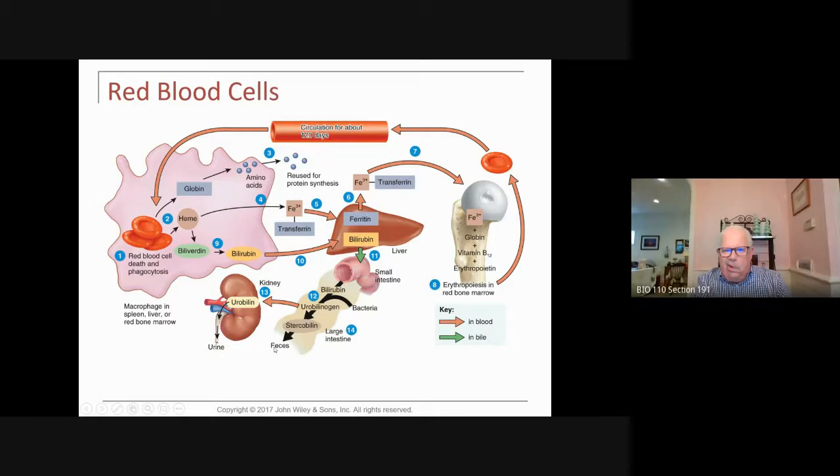Your feces are brown, your urine is yellow because of bilirubin. That is what we're talking about here. And red cells last for 120 days. There you go. Any questions on the destruction of red cells? Onward.